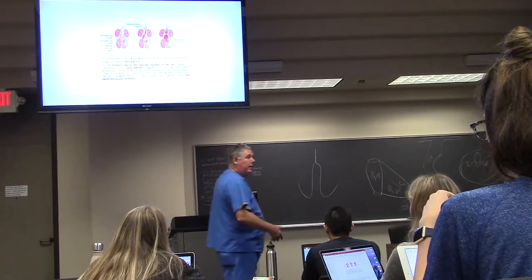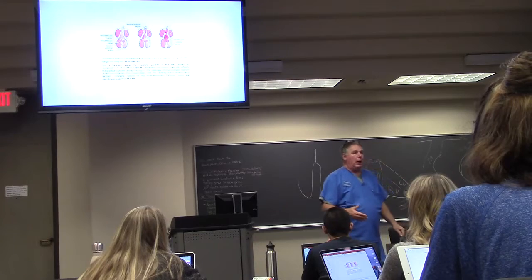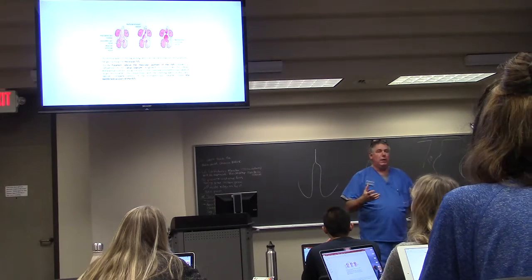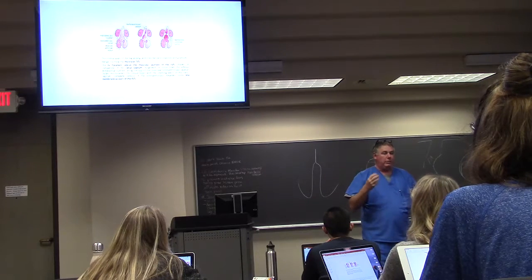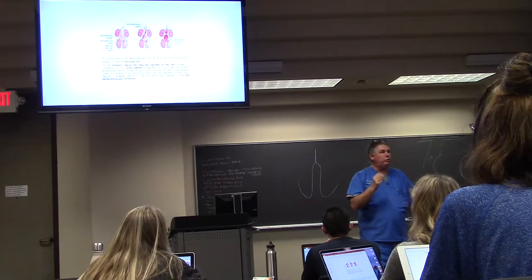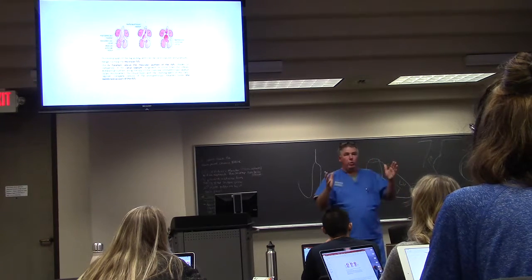Next day, Tommy is comatose. I don't know if he ever recovered, but he was comatose because he stroked out. How do you stroke out? What is going on? I just told you everything you need to know.